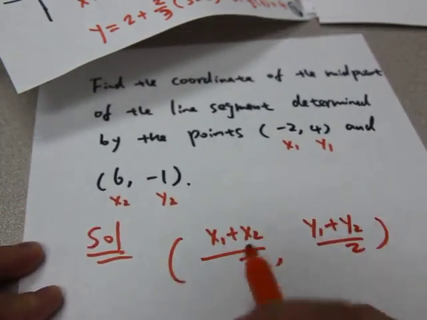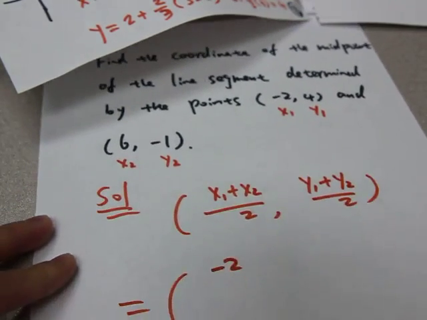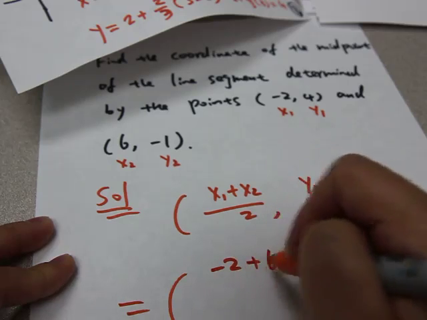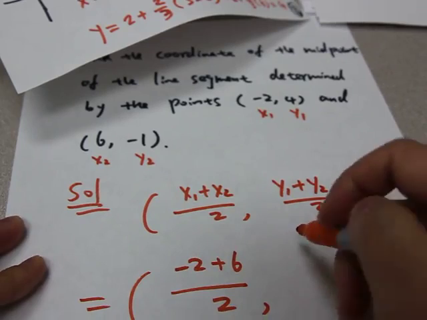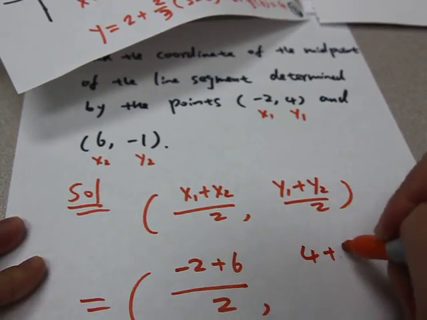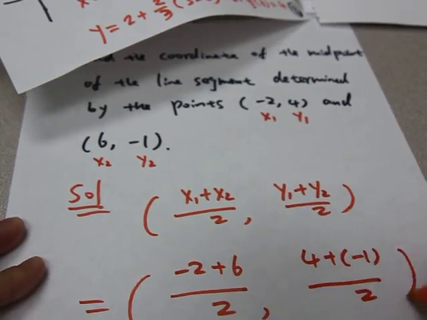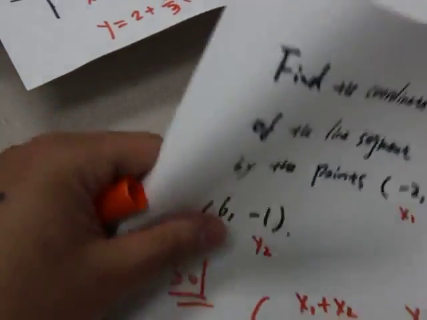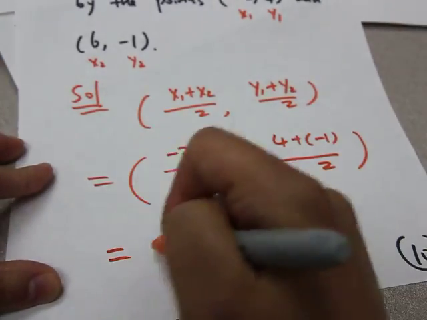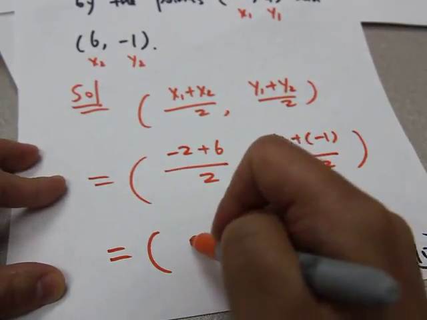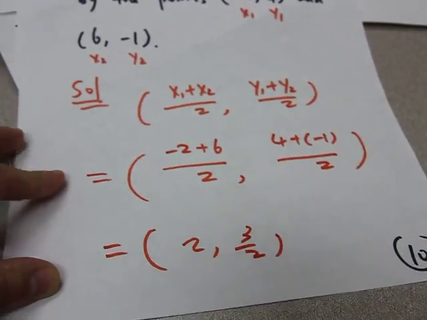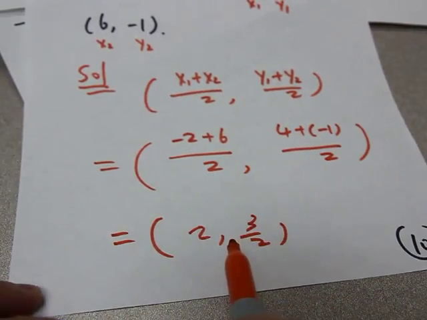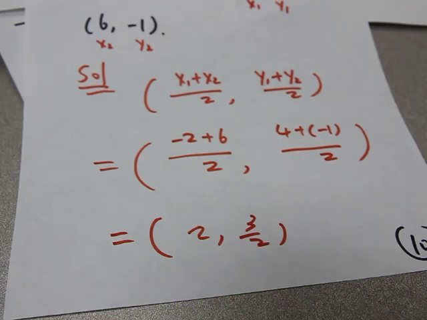So this is -2 plus 6 over 2, and 4 plus -1 over 2. So the answer is 2 and 3 over 2. So this middle point is 2 and 3 over 2.